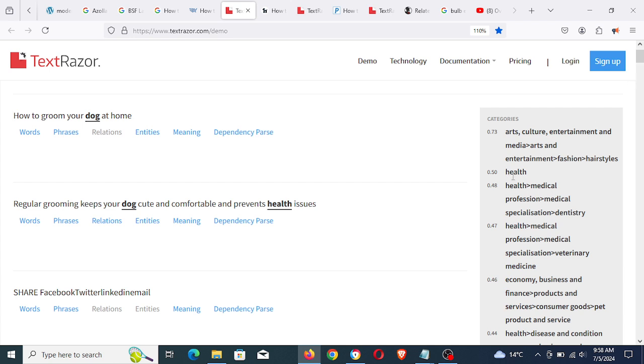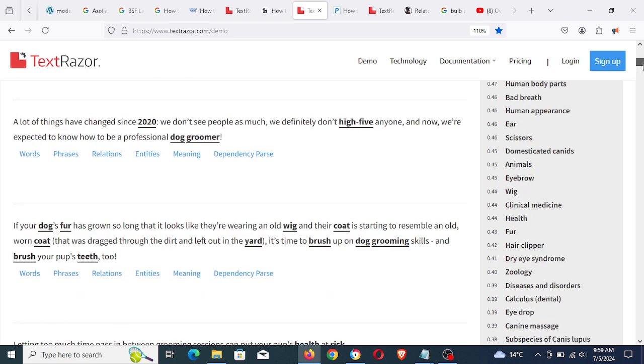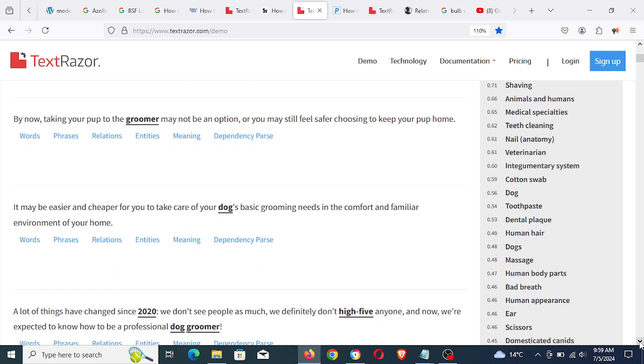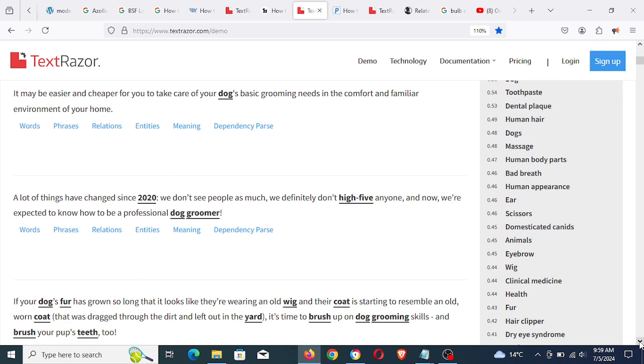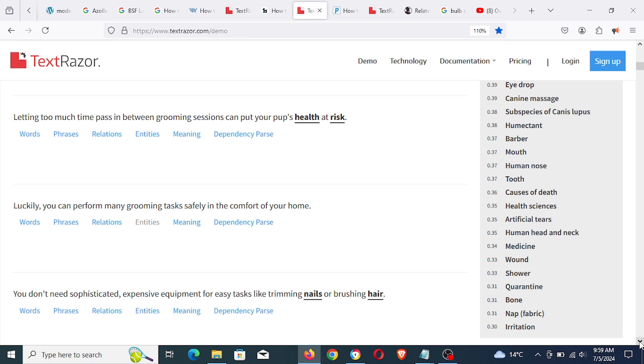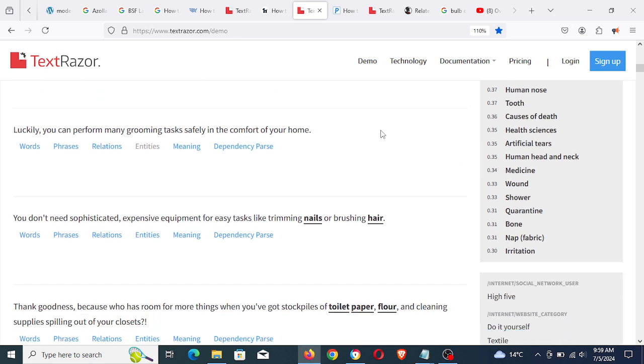So yeah, even the first one, health is there. In the second one, you can see the topics that are associated with it. They are related to grooming: toothpaste, dental plaque, teeth cleaning, massage, scissors, eyebrows, wigs, causes of death, wounds, medicine. So those are related.